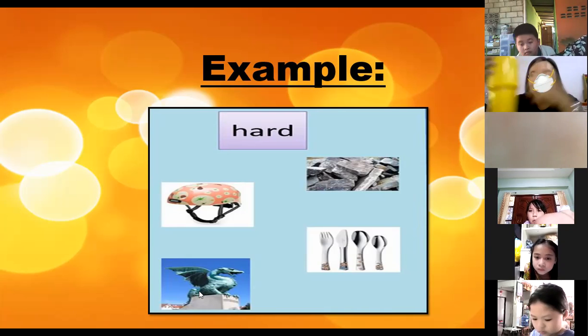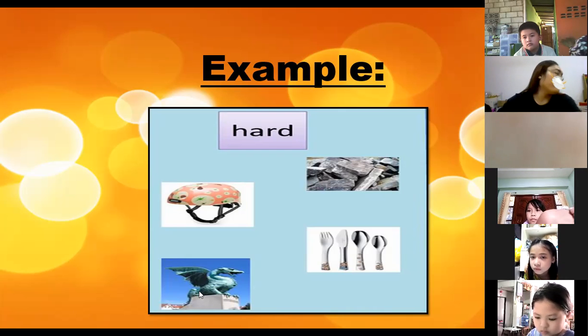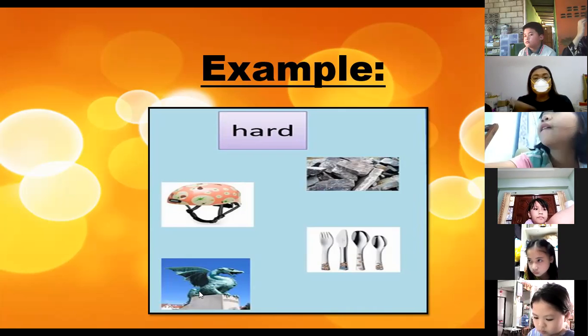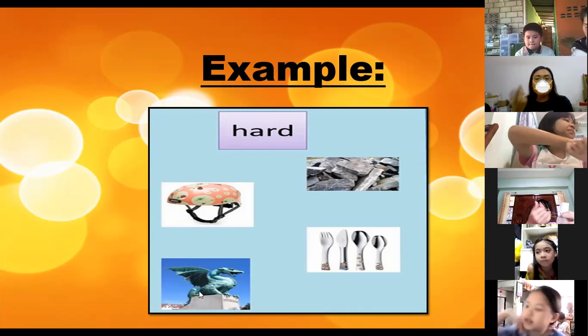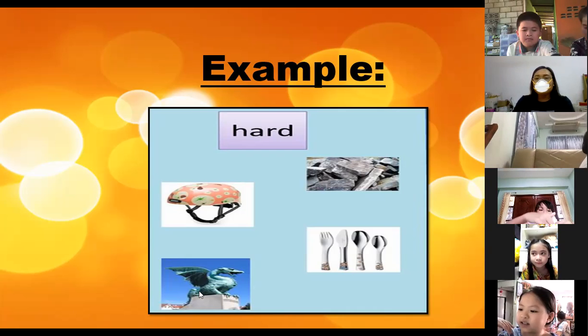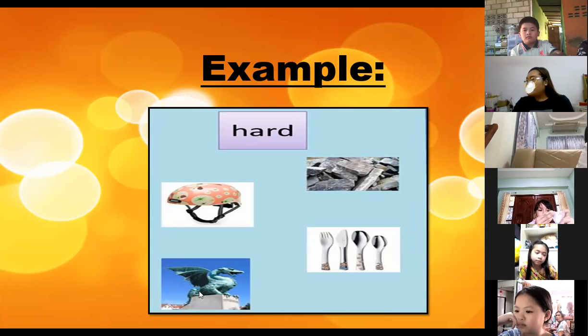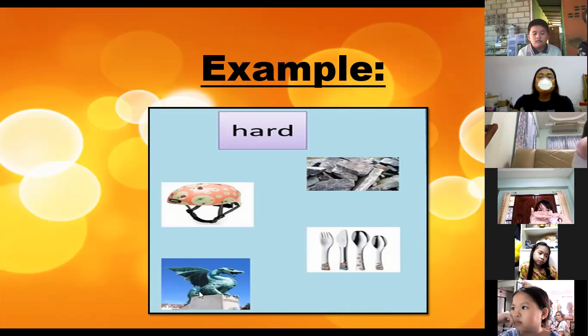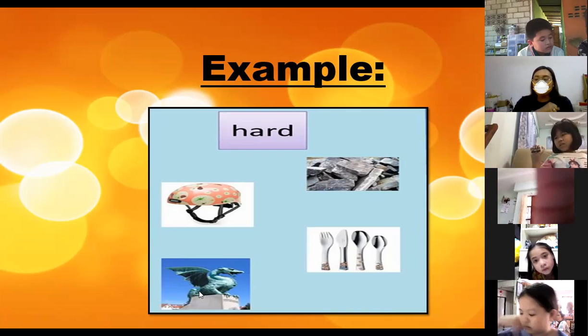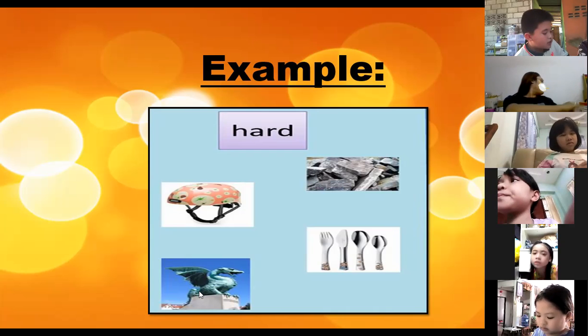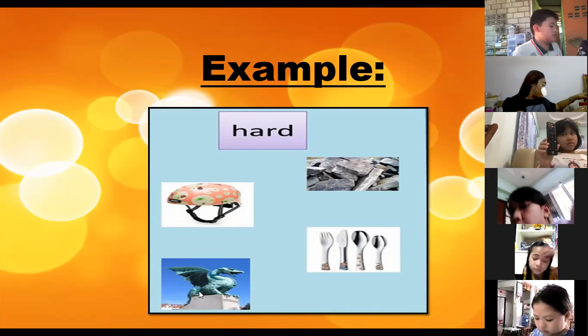Hard. What else? Can you show me something hard? Can you show me a hard object there? Can. What about, oh yeah. There are some cans or cups that are hard.